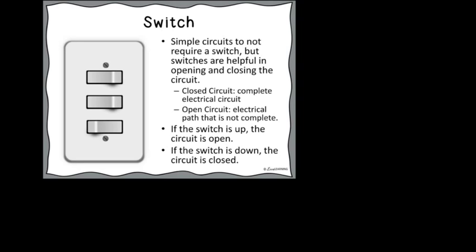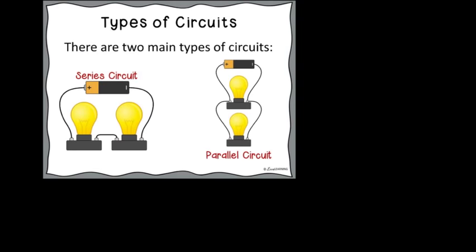So if you think about a light switch in your house, when we flip the switch up, the circuit is open. When we flip the switch down, the circuit is closed. So we can turn the lights in our house off and on through that light switch by simply opening and closing the circuits.